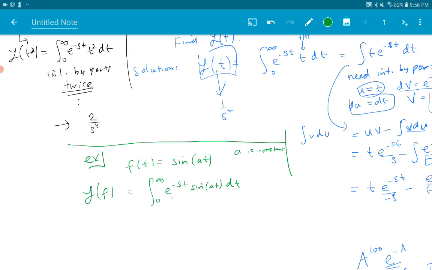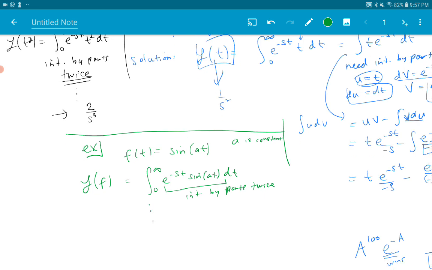So in order to do this antiderivative, you have to do integration by parts twice. I won't show you all the details. In fact, not only do you have to do it twice, when you do it twice, you get back to where you started, and then you have to create an algebraic equation for this result, which is a trick you might remember from Calc 2.